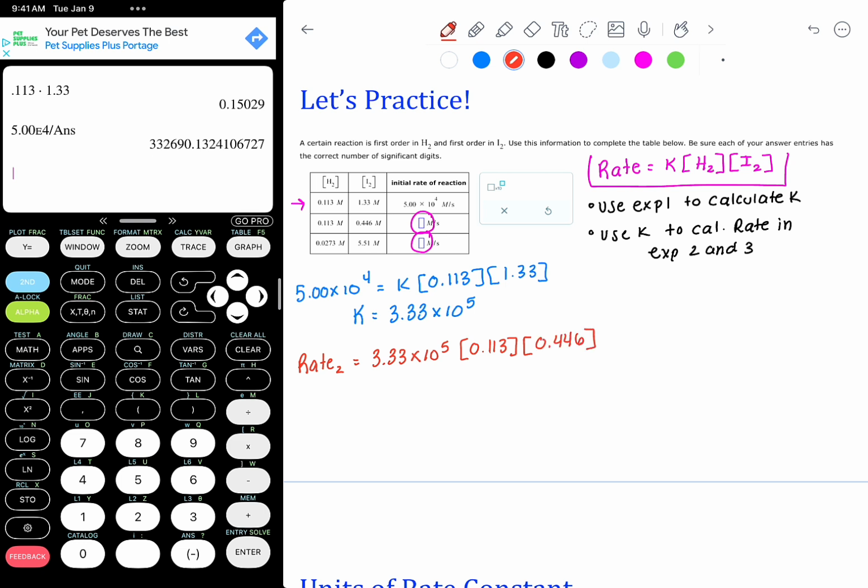So we'll take that 3.33, multiply that by 0.113, and multiply that by 0.446. And we get a rate of 1.68 times 10 to the 4 molar per second.